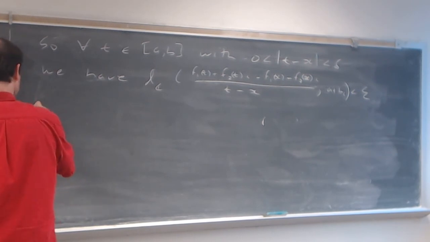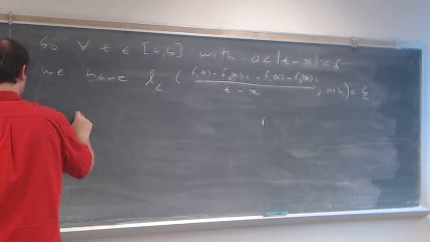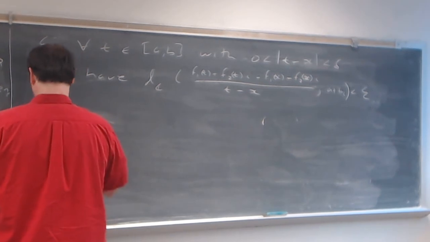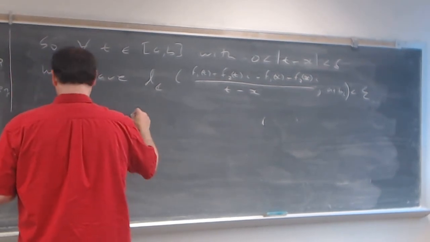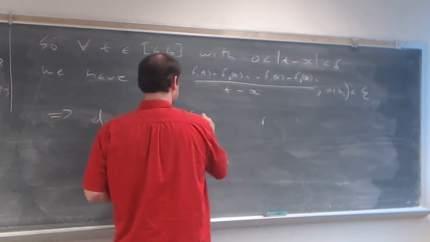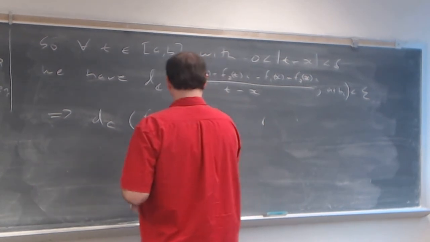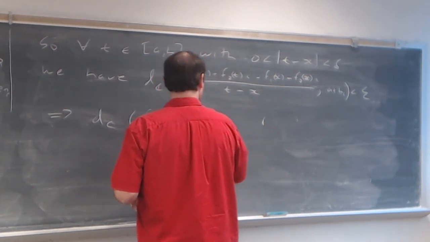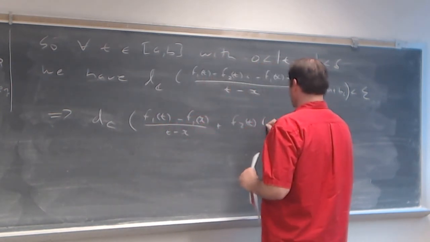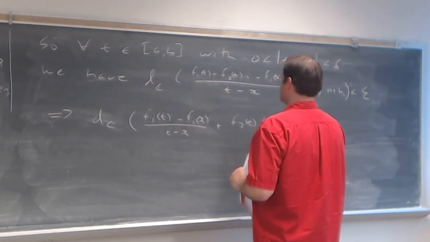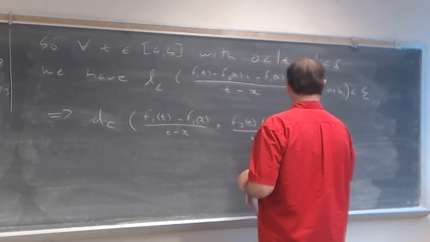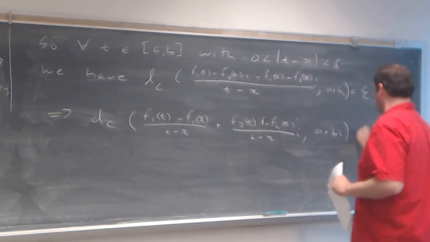Which implies that the distance between f sub 1 of t minus f sub 1 of x over t minus x, plus f sub 2 of t minus f sub 2 of x over t minus x times i, and a plus bi is less than epsilon.